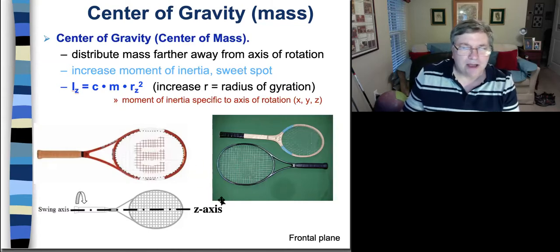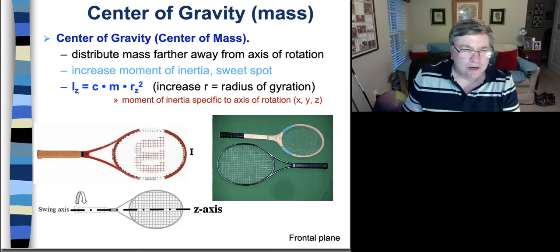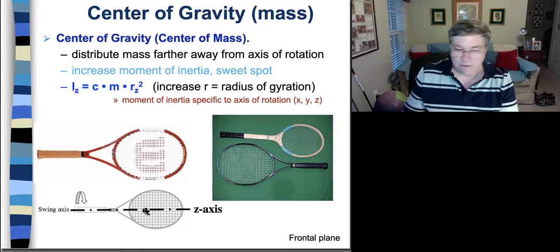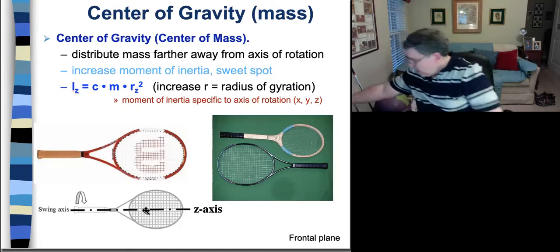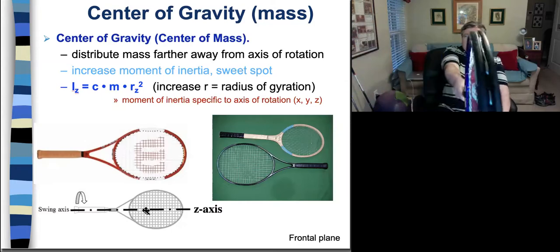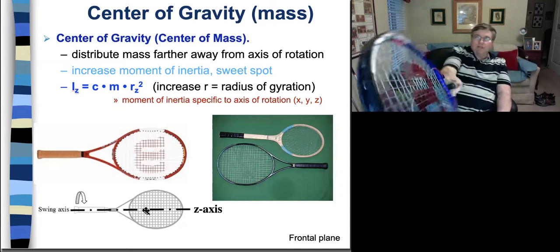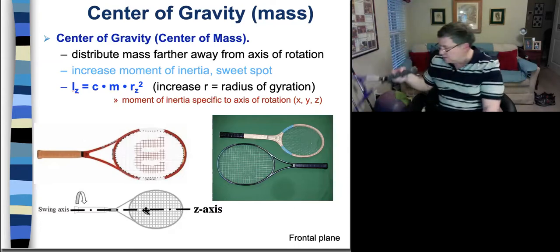Here's a tennis racket, and here's the difference between a wooden racket people might have used in the 1970s versus the type of racket we've used for the last 15 years or so, with these really large heads. And if we think about the swing axis, let's say if I'm hitting a forehand shot, my tennis racket is going out in front like that. So if we hit it off center, that tennis racket's going to try to rotate around the z-axis.